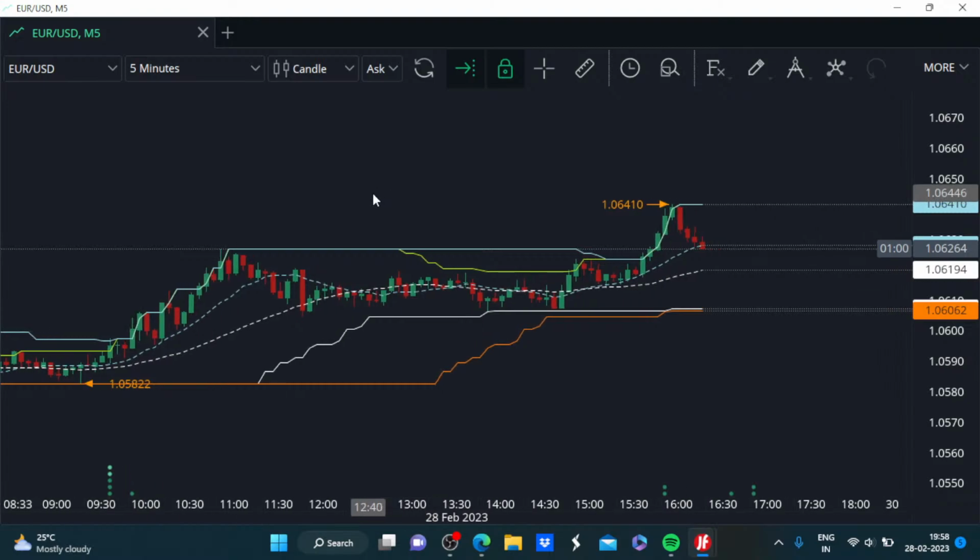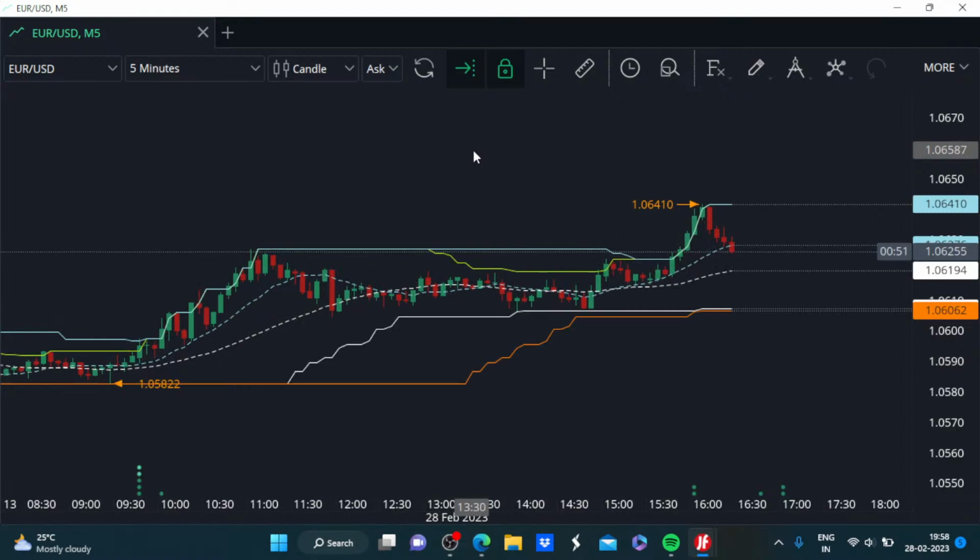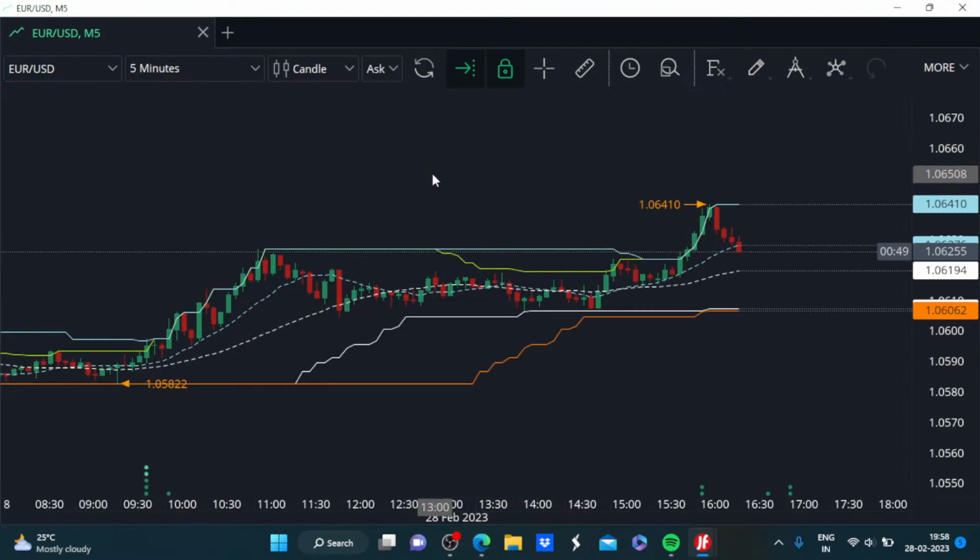The possibility of a further move on the higher side is quite strong, and if we see it holding around these levels, our conviction will be strengthened further.